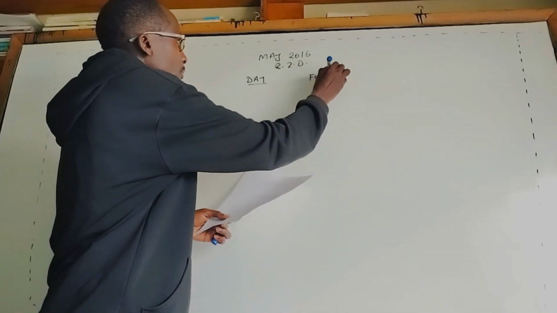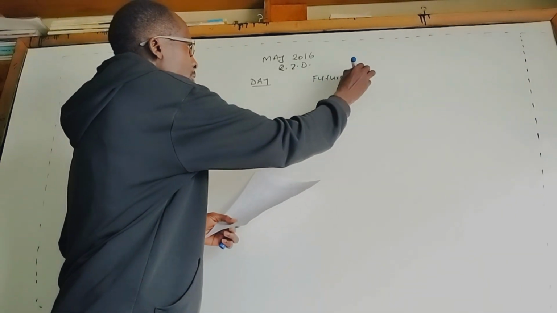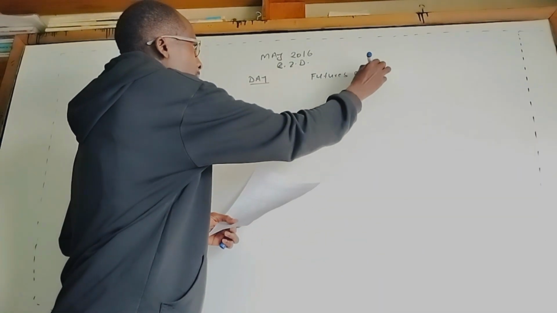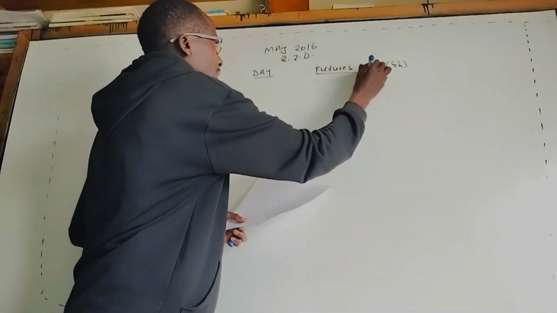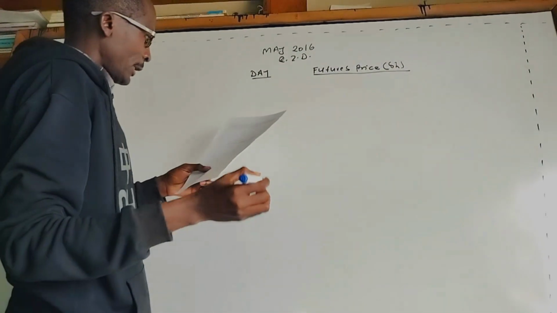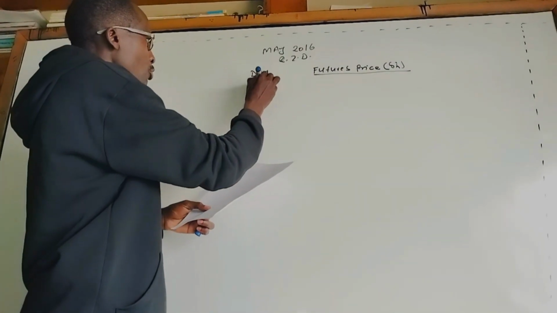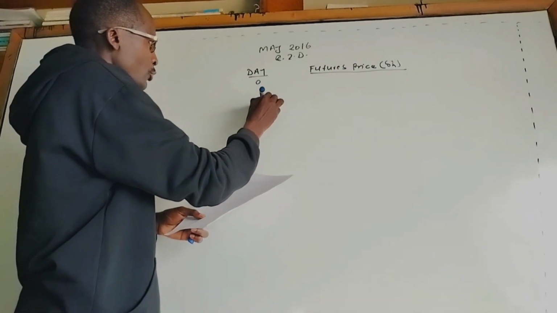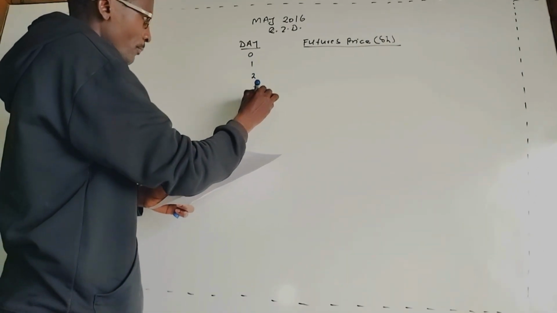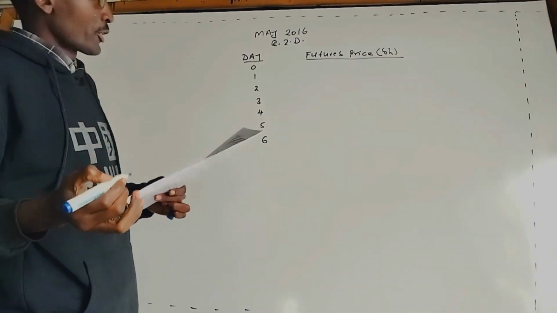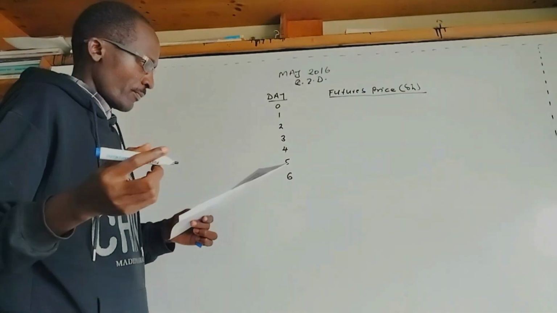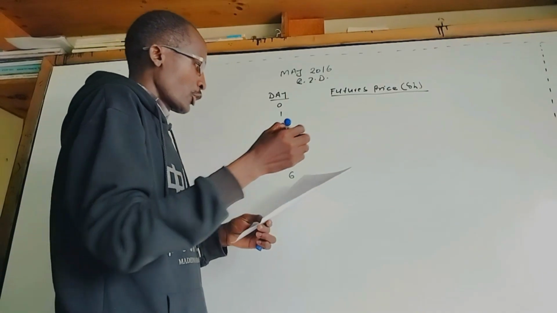We have days 0, 1, 2, 3, 4, 5, and 6. So these are the days. Then we have the futures price in shillings.